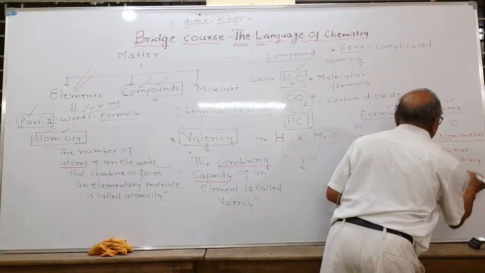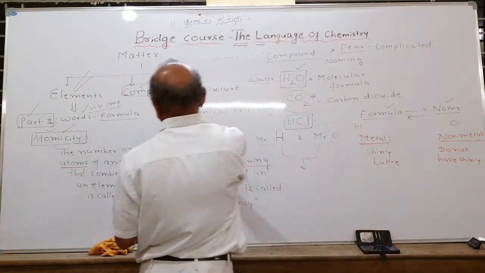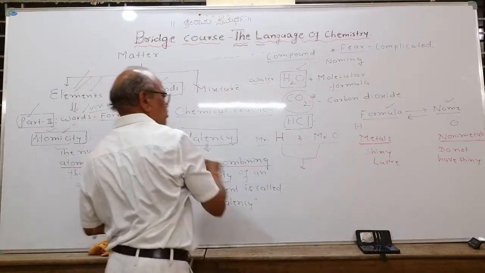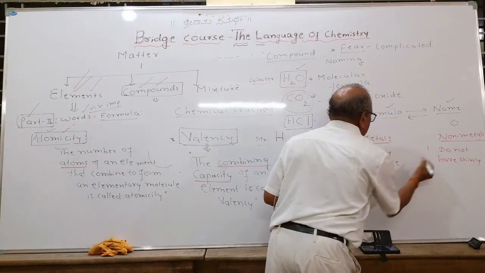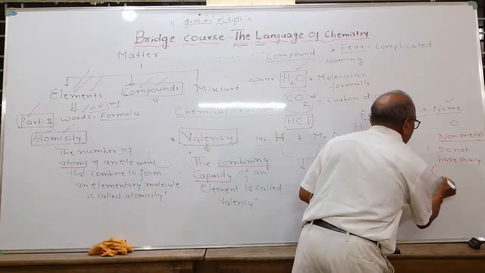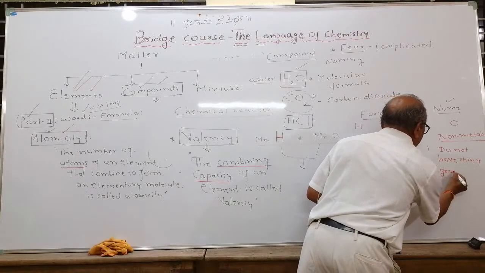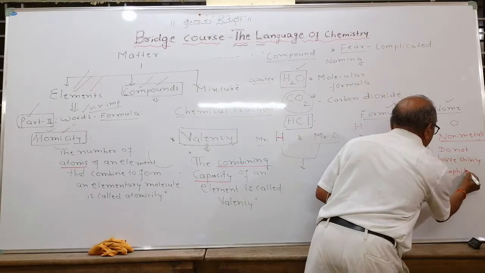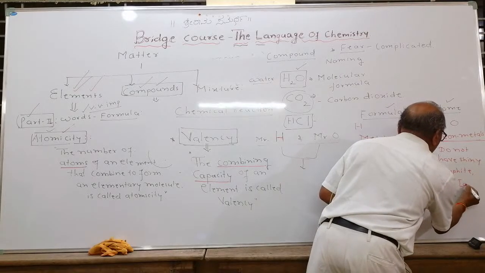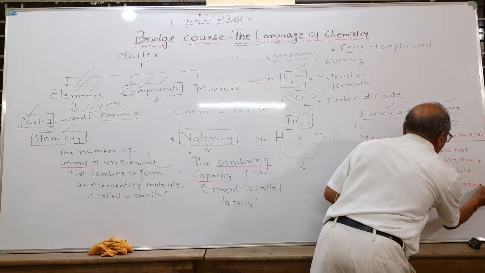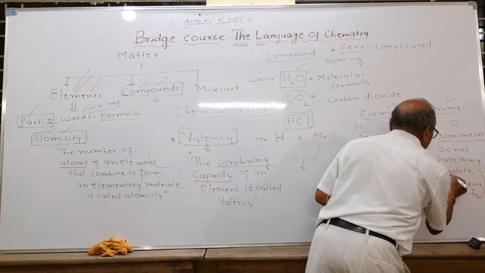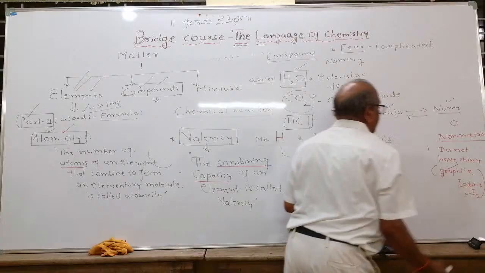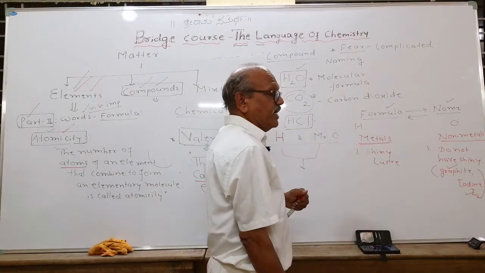As I am talking about these elements, I will talk about more things at the same time. Metals have shiny luster, non-metals do not. Except graphite and iodine. You know, iodine having the symbol I2, is exceptionally shiny, and an allotropic form of carbon, graphite, has shiny luster.